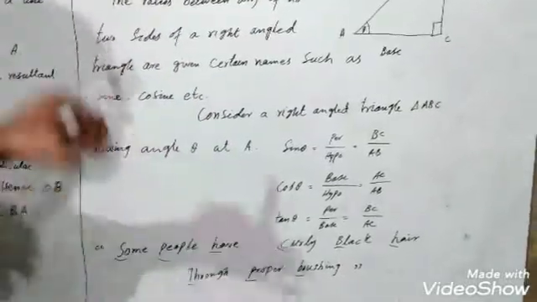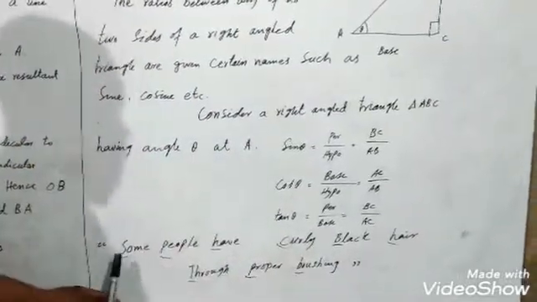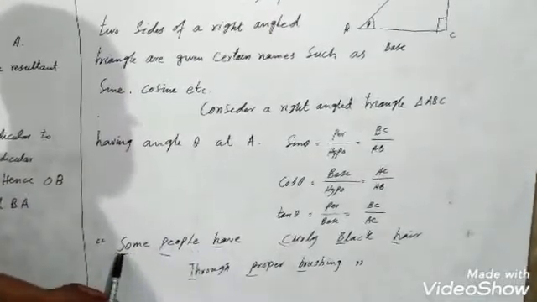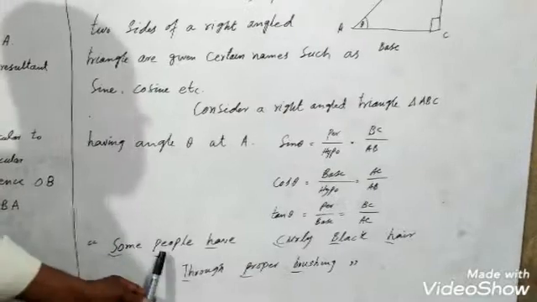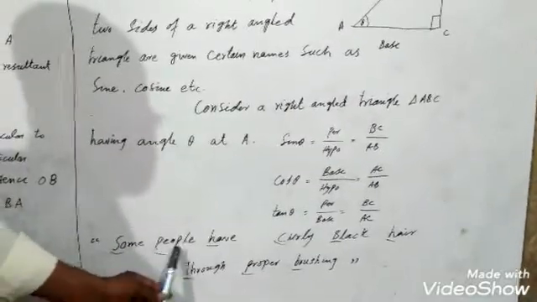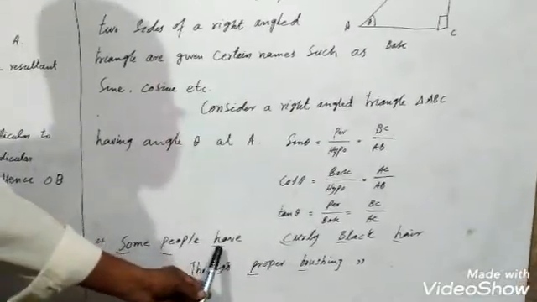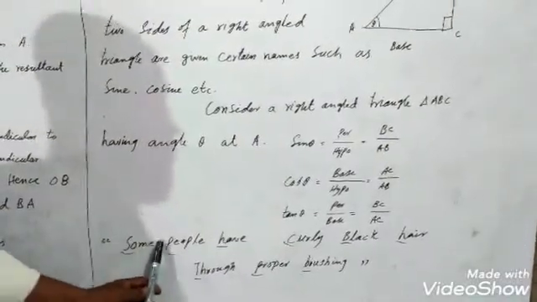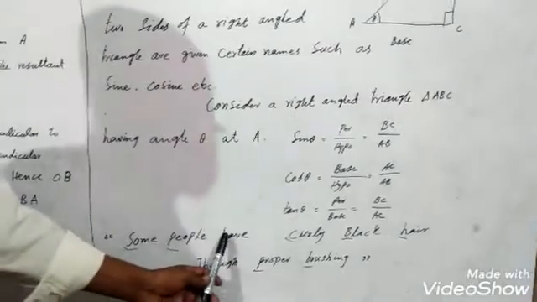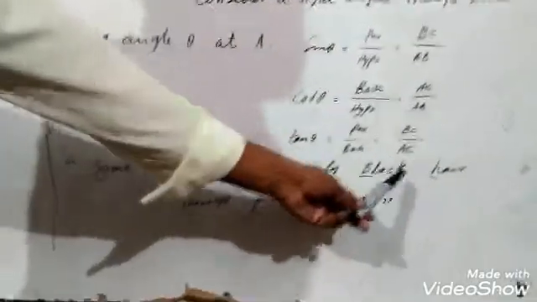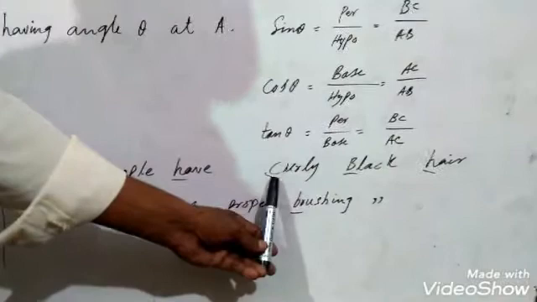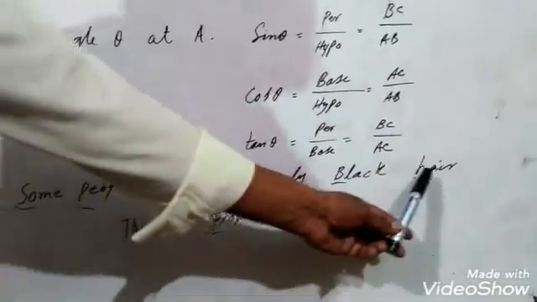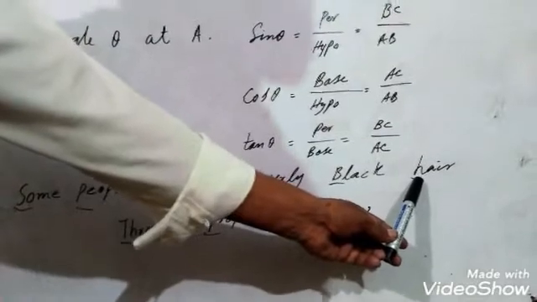This sentence has three parts. The first part is: Some people have. Some, S stands for sine, people, P stands for perpendicular, and have, H stands for hypotenuse. So sine is equal to perpendicular by hypotenuse. Curly black hair: curly, C stands for cos, black, B stands for base, hair, H stands for hypotenuse.